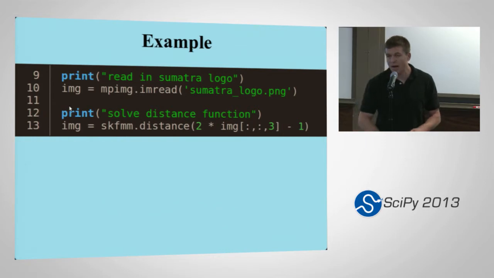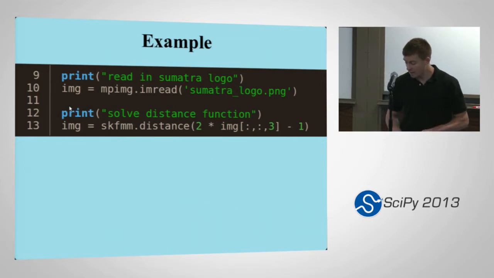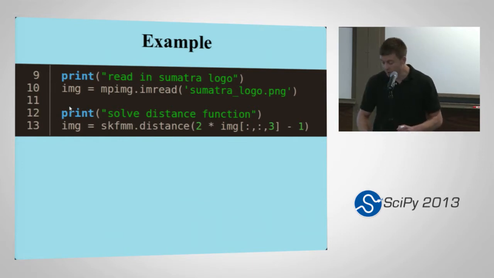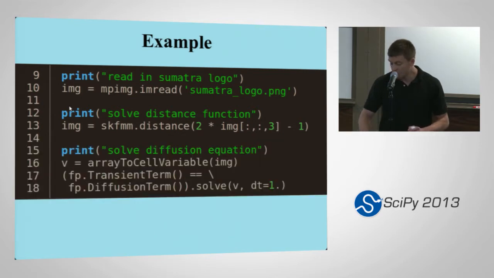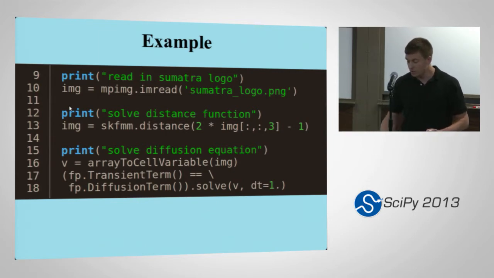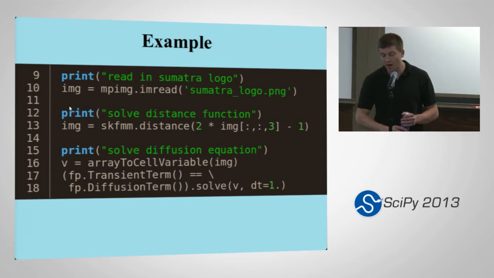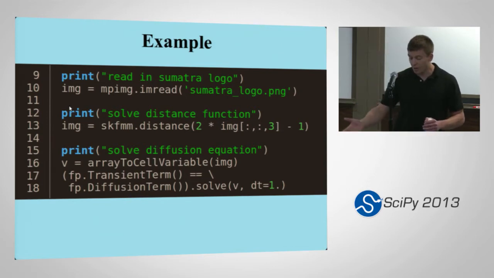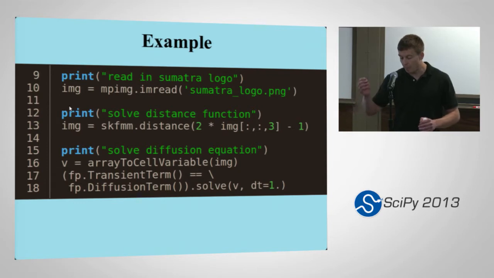So the skfmm is scikit-fmm. That's just a fast marching method utility that's available, and solving that to a distance function, and then I'm solving for some diffusion on that new field using FiPy. So the fp is for FiPy, and I'm making a FiPy equation.